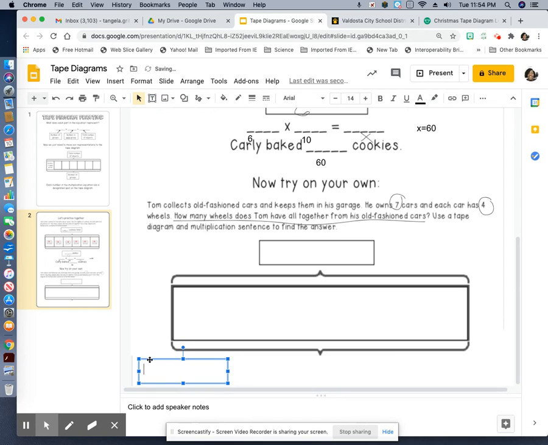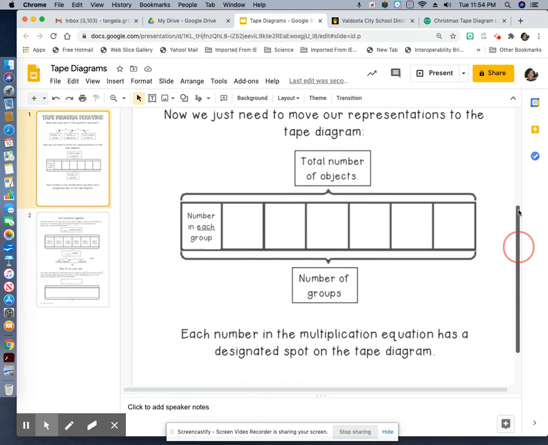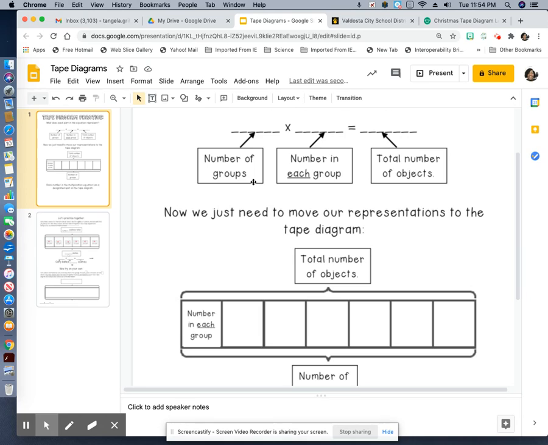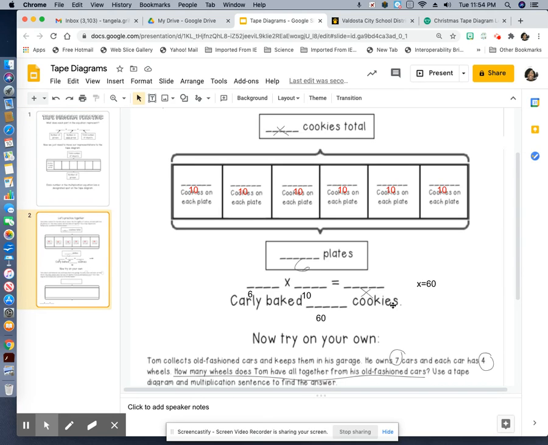So we'll have blank times blank equals blank. Okay, and remember, the first number represents the number of groups. So that would be the number of cars, and then the number in each group, the number of wheels.